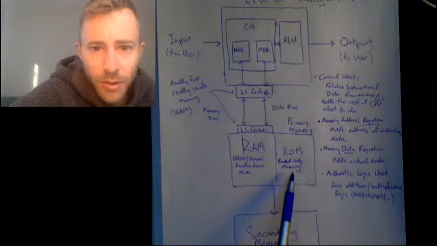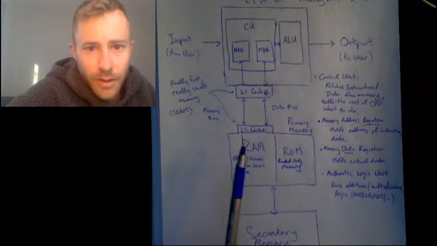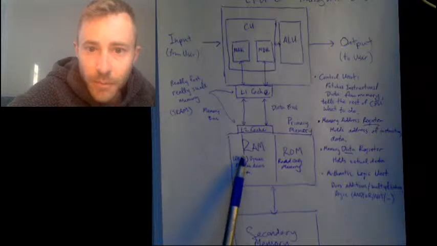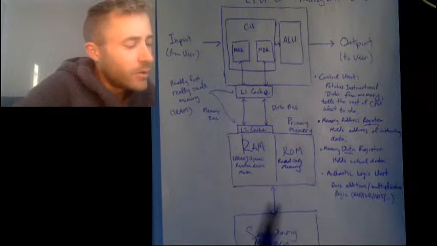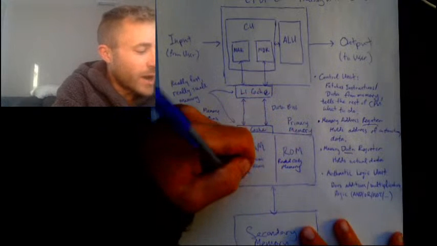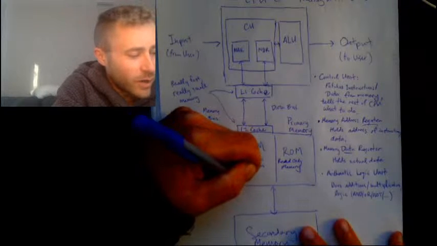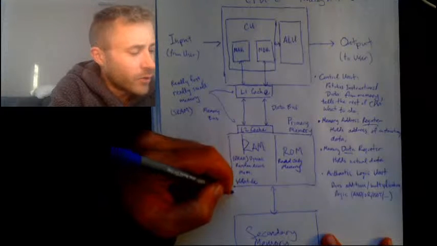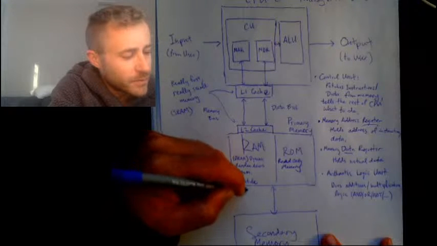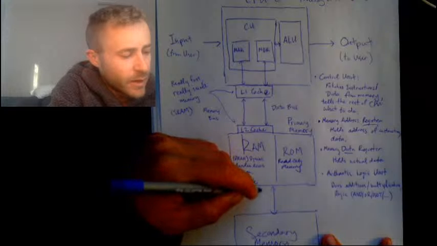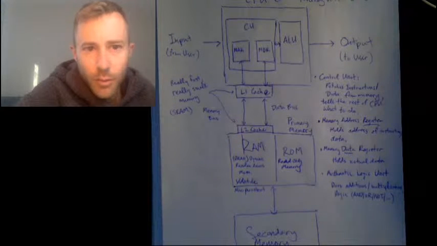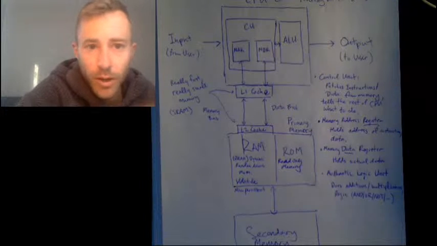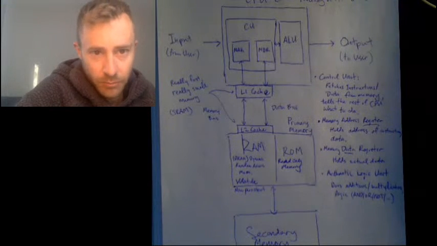So it's read-only memory. Now, what is the difference? RAM, you can rewrite. ROM, you cannot rewrite. The other thing is that RAM is what's called volatile, also called non-persistent. What that means is that when the power of your computer is turned off, whatever is stored in the RAM is forgotten.